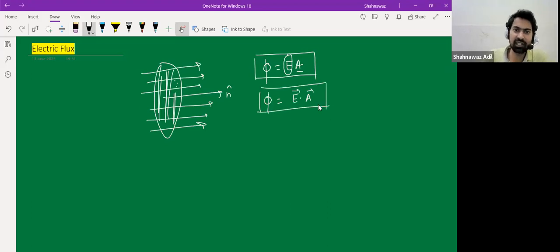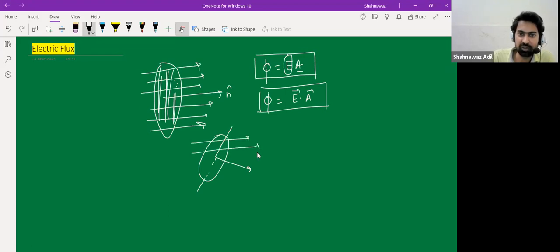Understood, guys? So let's say that my surface is bent like this. So this is my normal vector, right? And the electric fields are moving in this direction. So these are making some angle theta with this normal. So my flux would be EA cos theta.